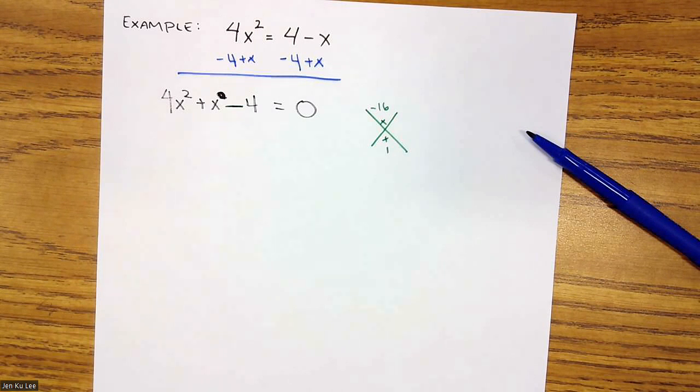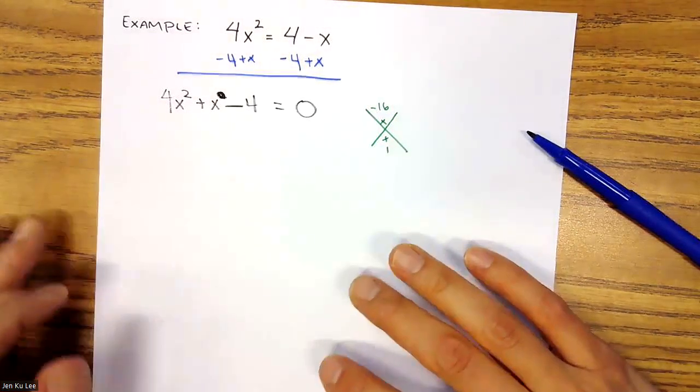What two numbers multiply to 16? 1 and 16, right? 4 and 4. That won't work. 1 and 16 will not work. 2 and 8. No, that won't work. So there is none. We cannot use the x method because there is no combination.